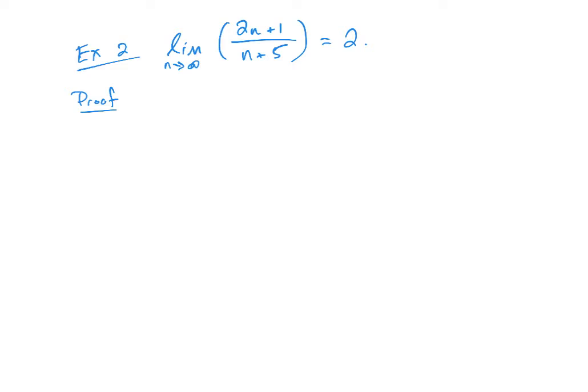So what I'm going to do here is I'm going to do my simplifications first. What's the quantity we care about? It's that. It's our sequence minus our limit, absolute value.